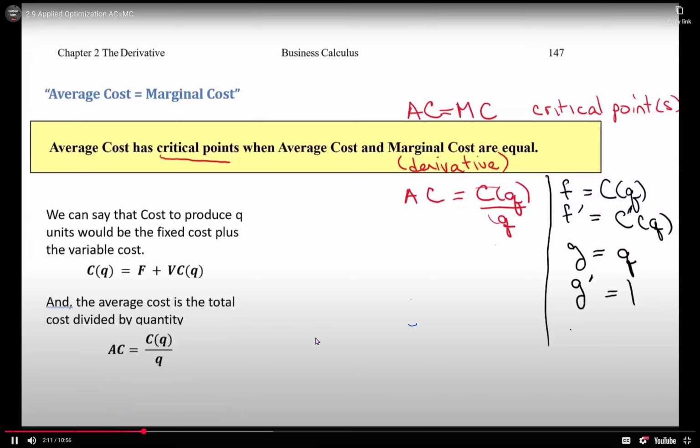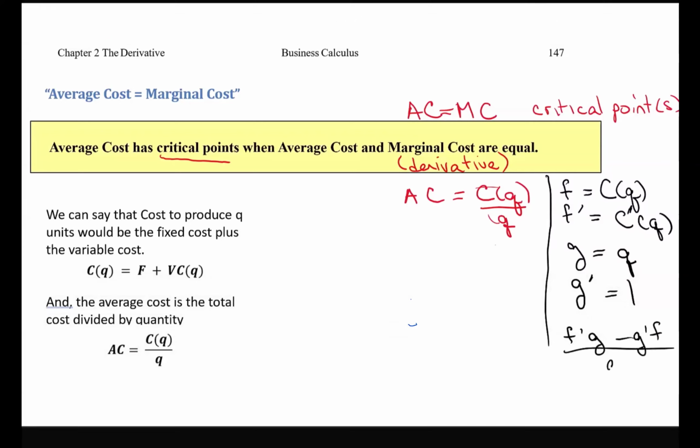Okay, which is f prime g minus g prime f over g squared. Now we have AC prime equals f prime, which is the derivative of the cost, times g, which is the quantity, minus the derivative of the quantity, which is 1, times the cost, divided by g squared, which is Q squared.